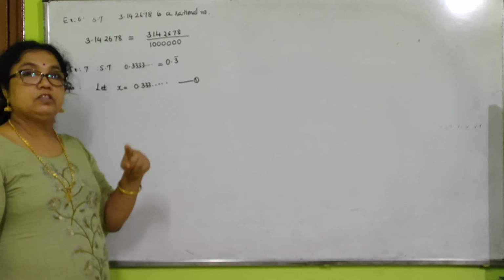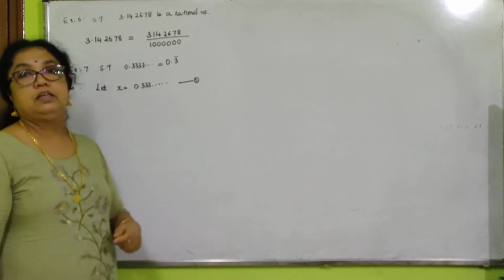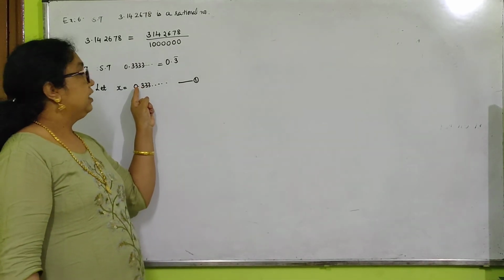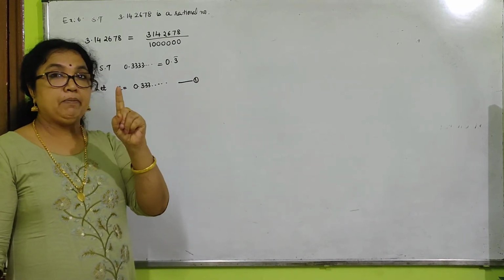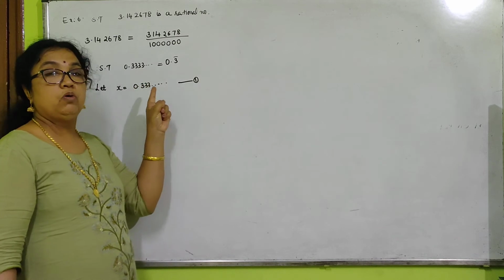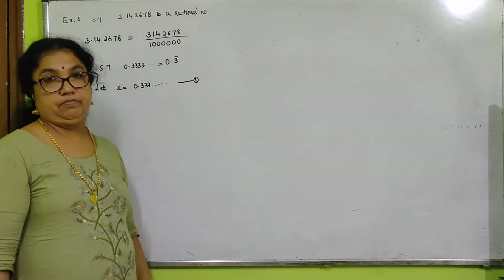If you multiply 0.3333 by 10, you have learned that when you multiply by 10, the decimal moves 1 digit to the right side.